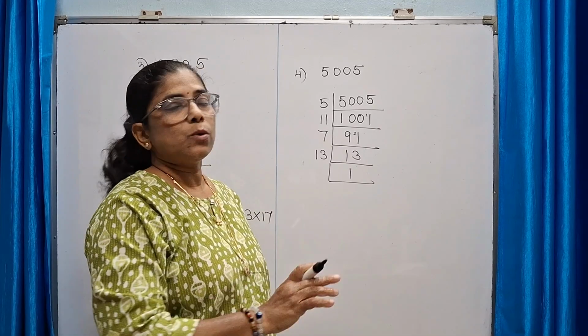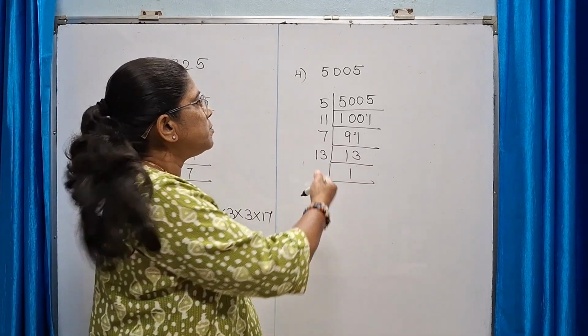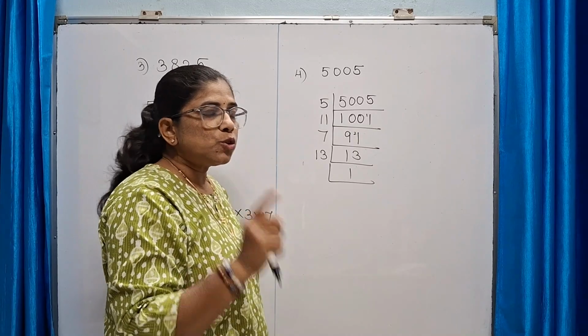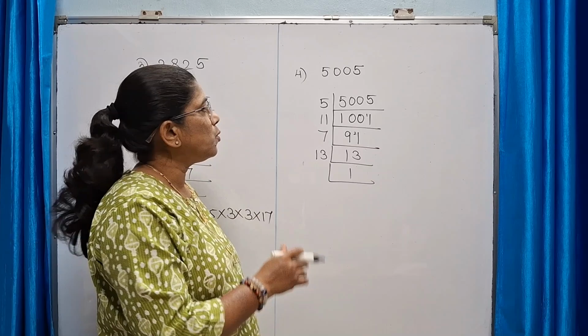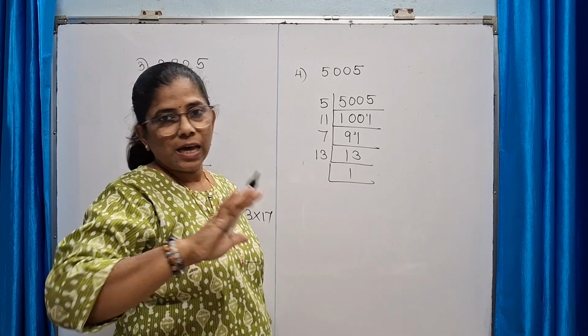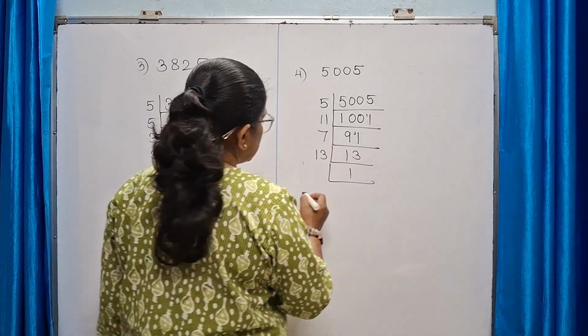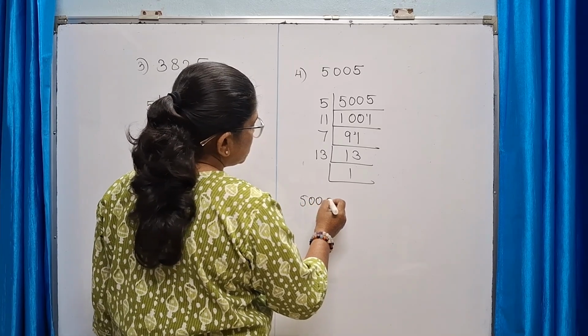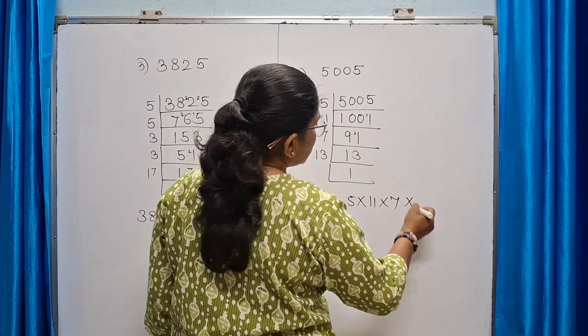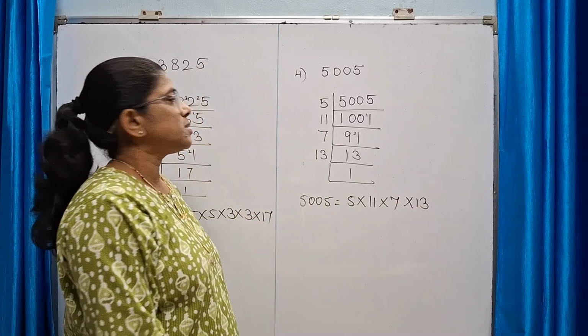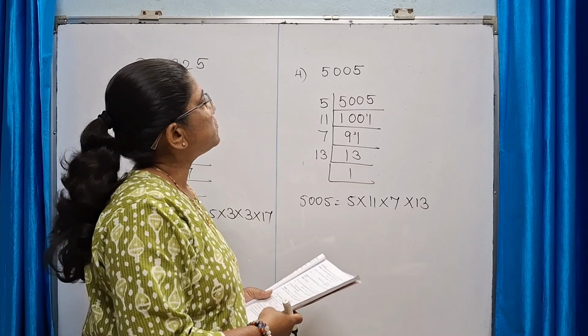No, order is not at all important, but the only thing is the numbers we take should be prime numbers. This is the only rule we have to follow while expressing numbers as the product of prime factors. So 5005 is 5 into 11 into 7 into 13. This is your answer. So 4 sums we have completed.